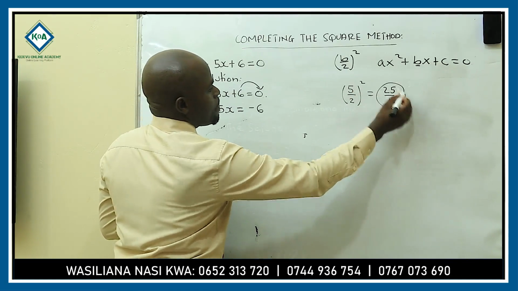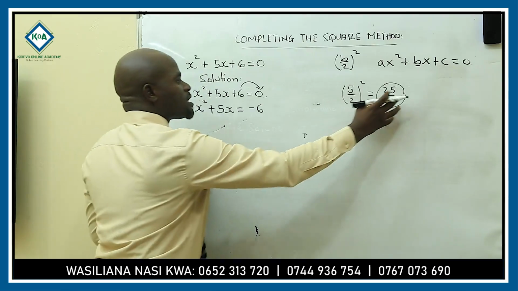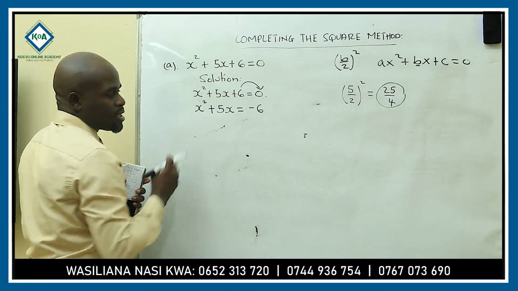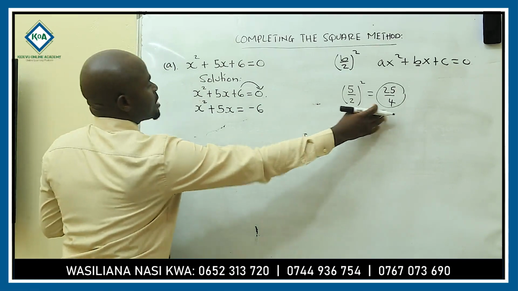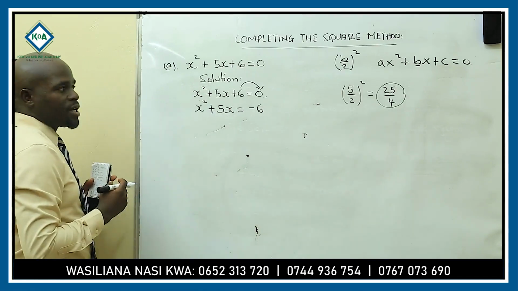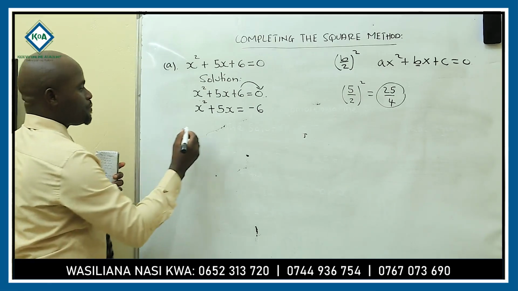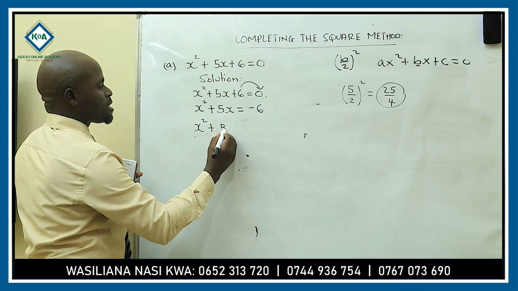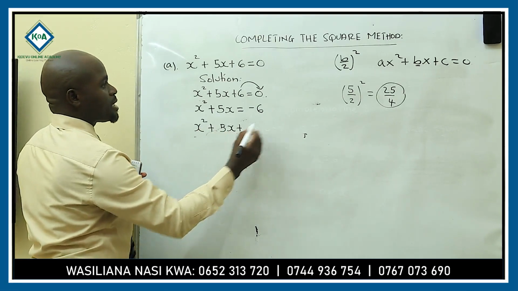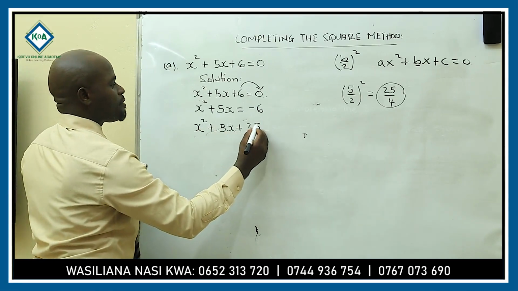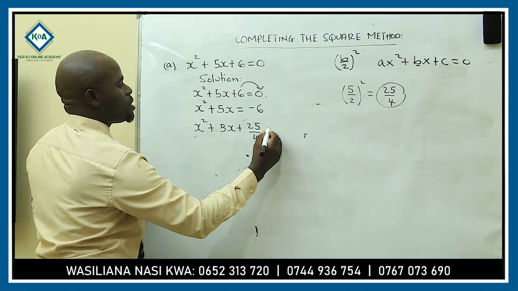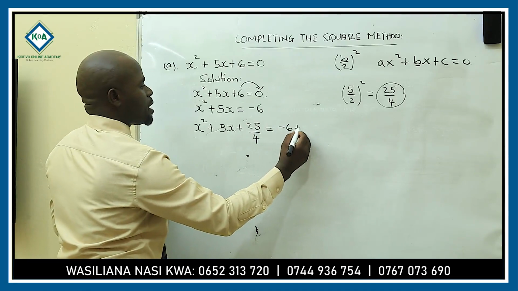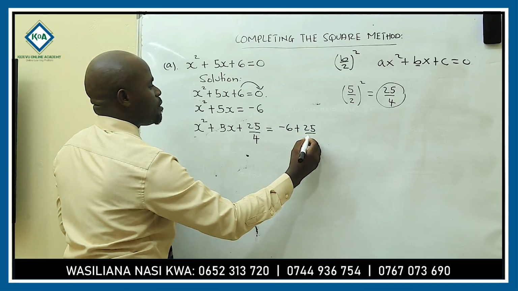So this is our answer. Then we add this answer to both sides of the equation. It will be like this: x squared plus 5x plus 25 over 4 is equal to negative 6 plus 25 over 4.